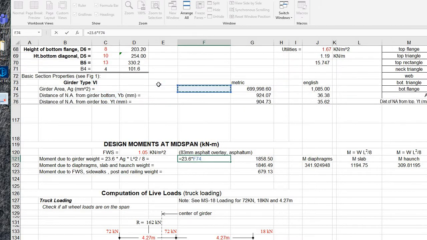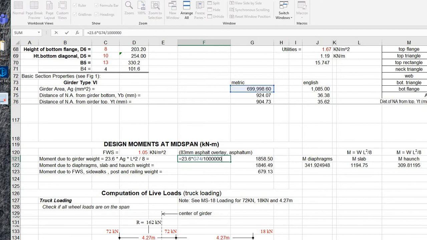Ayan. And then 699,998.6. Take note that that is in millimeter squared. Okay, so you have to divide this by 1 million para maging square meter.